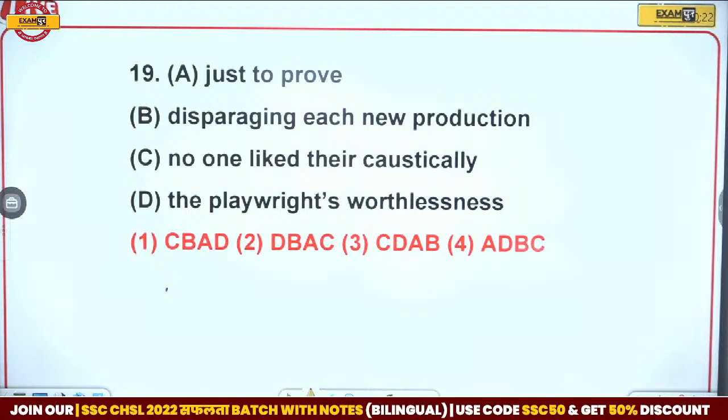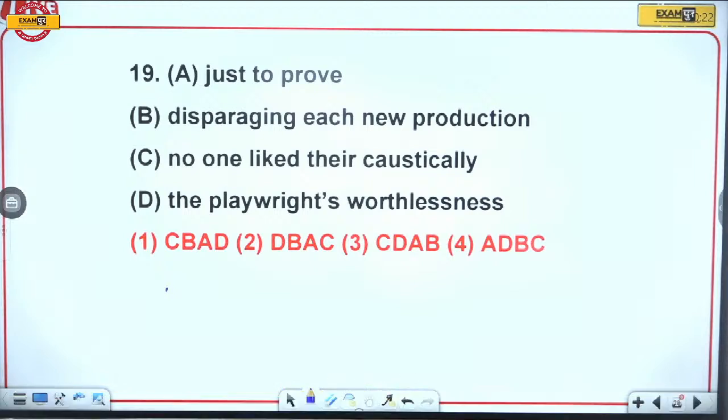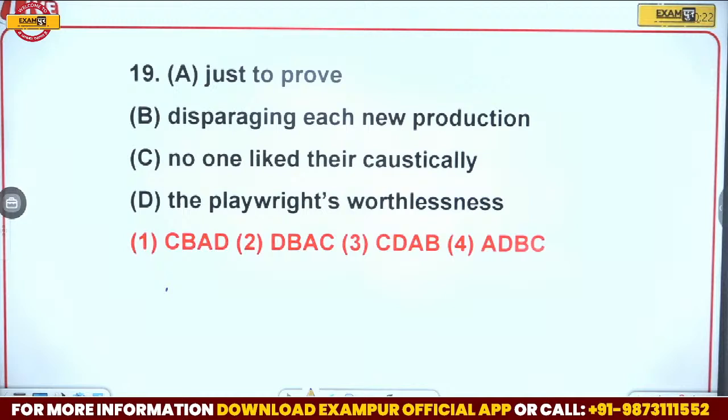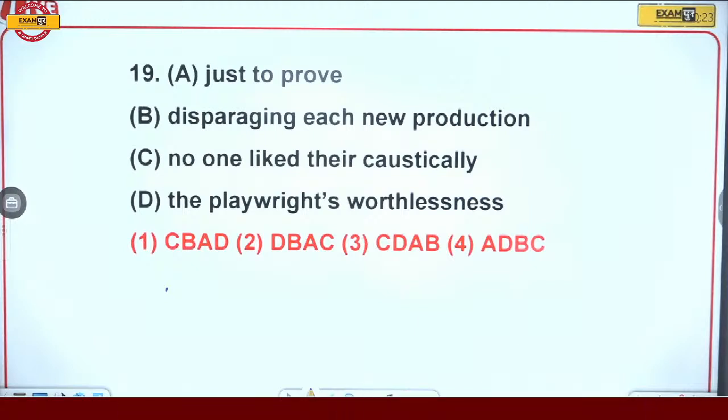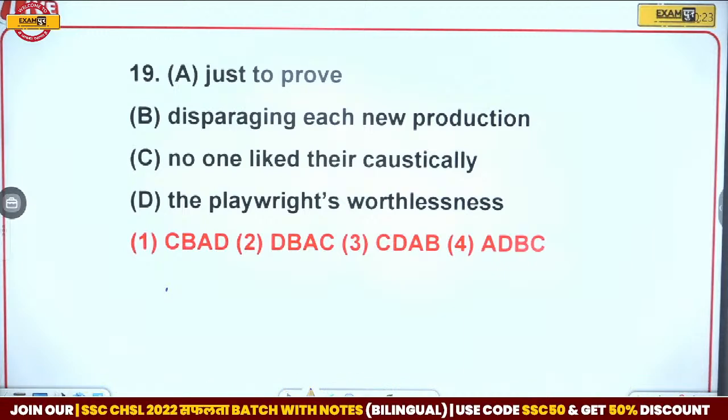Just to prove, disparaging each new production, no one liked their, caustically, the playwright's worthlessness. You have 30 seconds. Think over it carefully and answer the question.